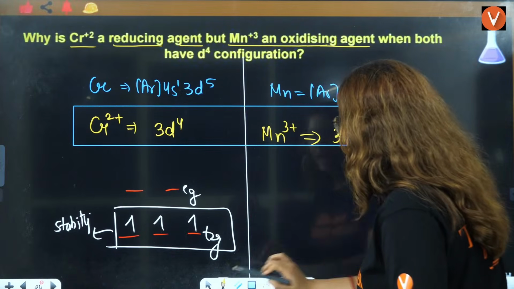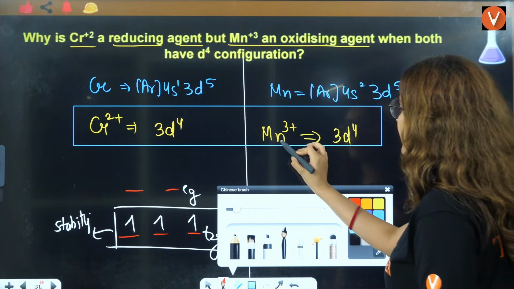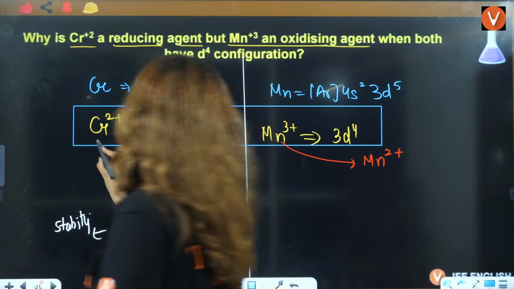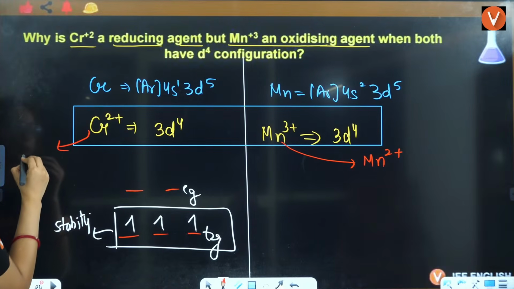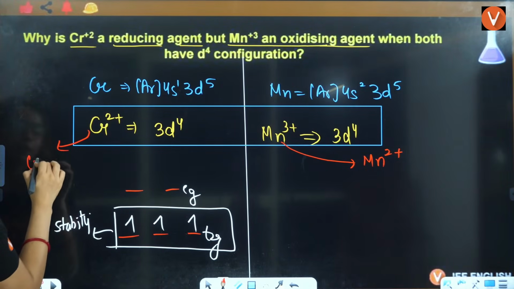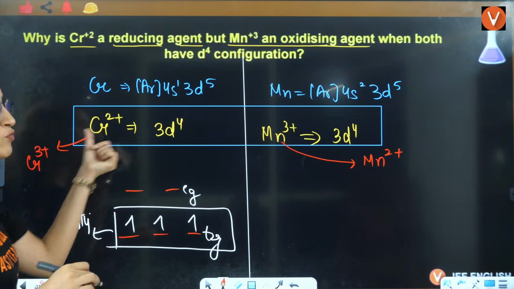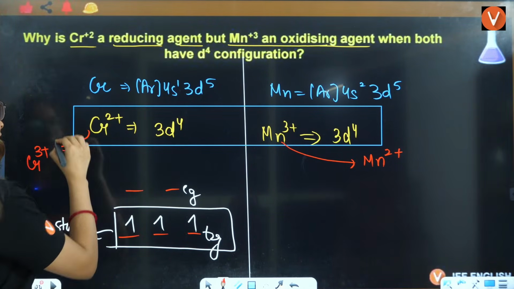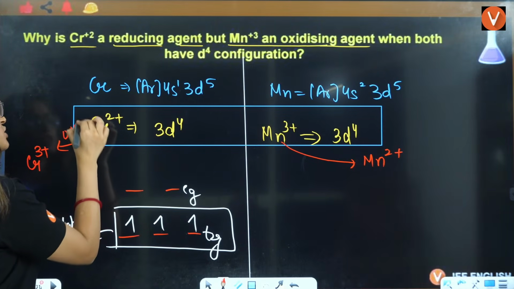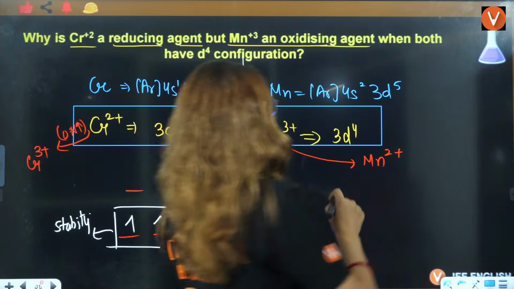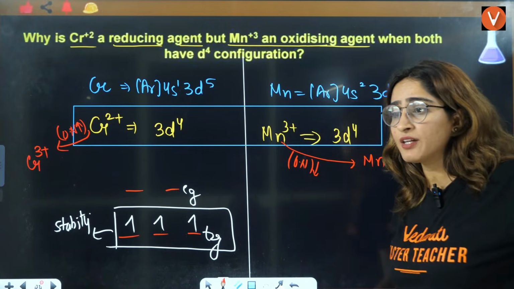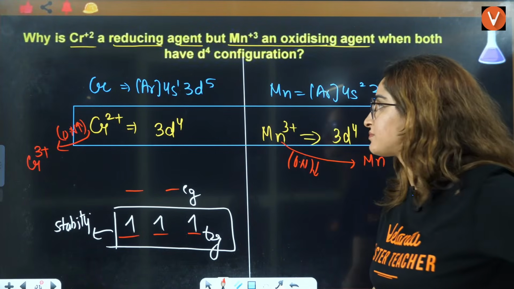Then why does chromium 2 positive want to get converted to chromium 3 positive, meaning it wants to get oxidized and increase its oxidation number, while manganese 3 positive wants to decrease its oxidation number? Why do they want to do it?